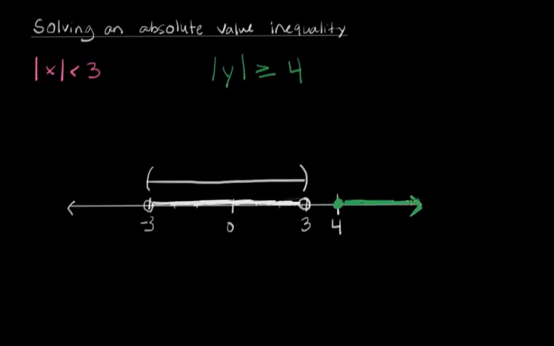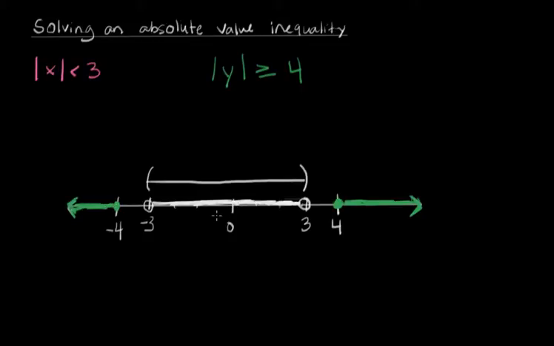And then there's a whole other set of numbers over here that will also work, and that's the negative numbers. The negative numbers where the absolute value is greater than 4. So for example, -4 works, and -5 works, -6 and -7 and -8, and all the way out to infinity.